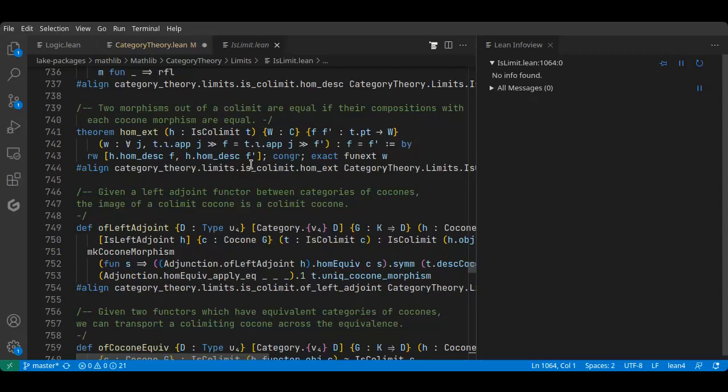But so far, I think nobody has really complained about it, and I would suspect that the core developers of Lean would be very hesitant to change the core foundations of Lean just because of a few category theorists.